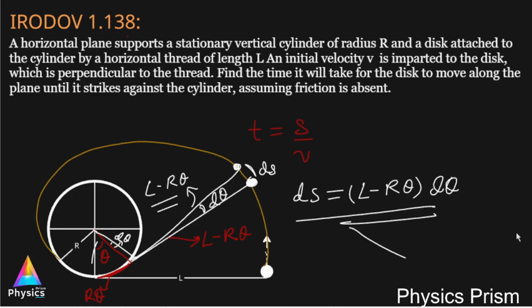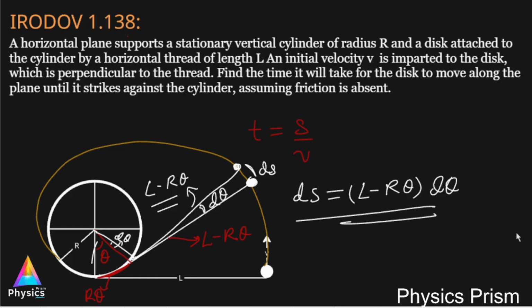Now we need to integrate over there. Well, how do you find the bounds of the integration? Okay, so that's a pretty interesting problem, finding the bounds of the integration.